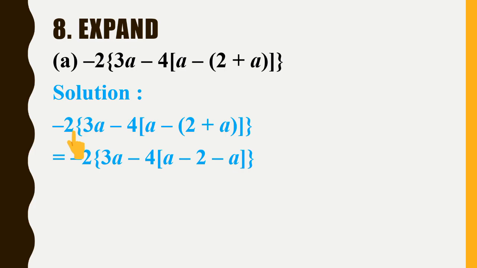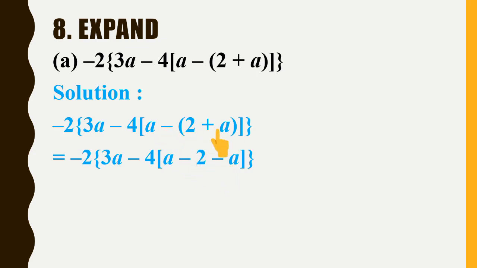First we write the statement as it is: -2{3a - 4[a - 2 - a]}.